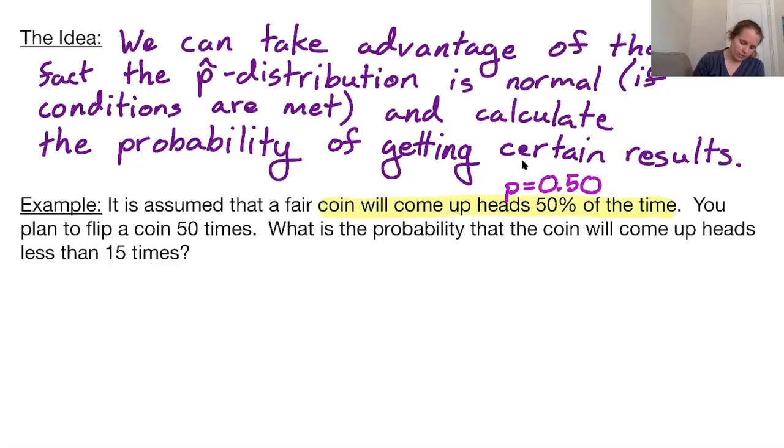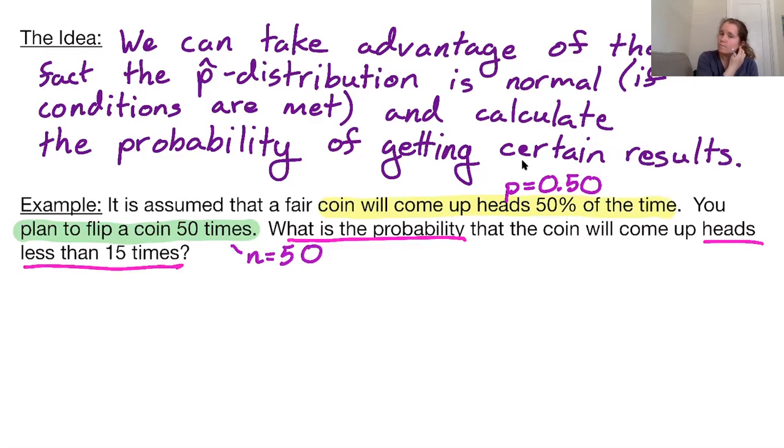We are planning to flip the coin 50 times, so that is our sample size. We will have 50 coin flips to draw from, so n is 50. And then this is our sample result: we want to know the probability it will come up heads less than 15 times.